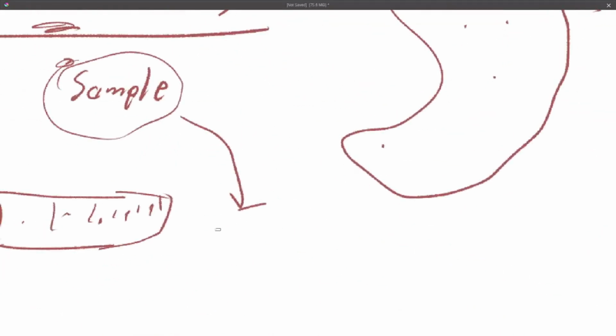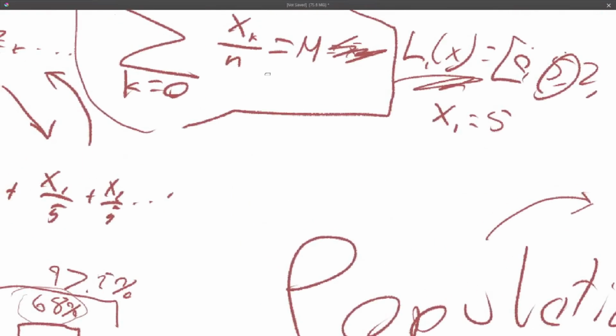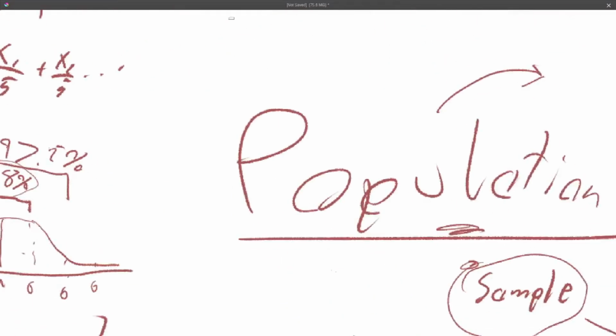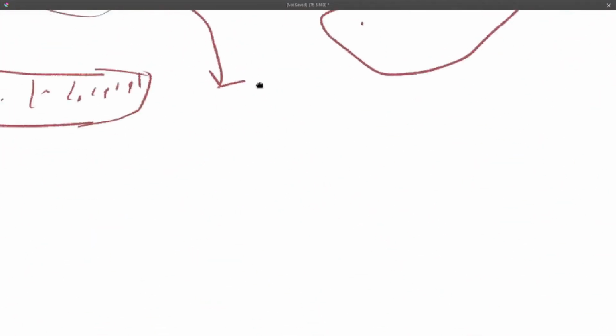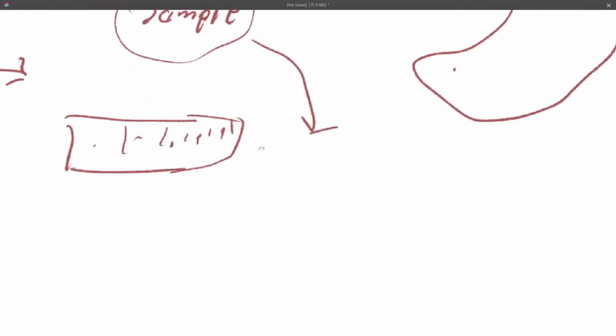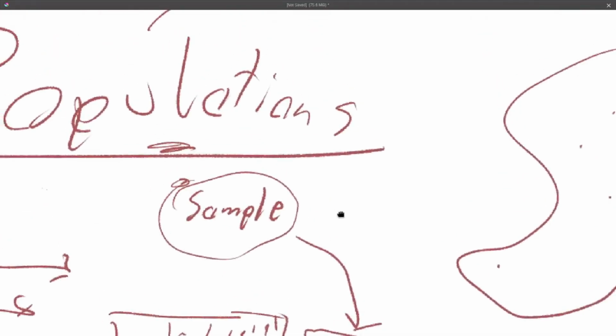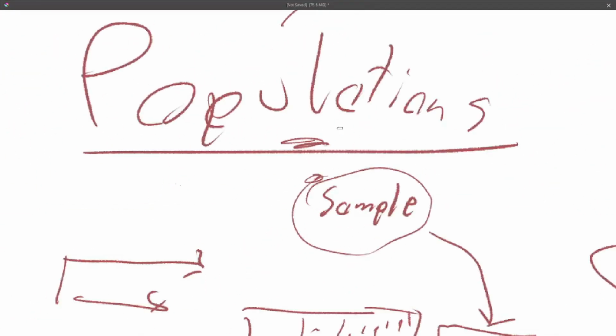The sample's usually smaller than the population unless you're getting the entire population. It should never be bigger. Now, the sample has its own mean and standard deviation called x-bar and s. They look different because they're different from the population ones. They're not fake, they're just for the sample.